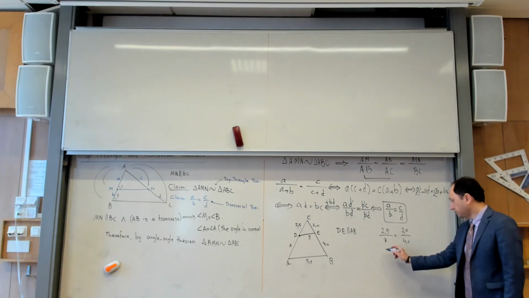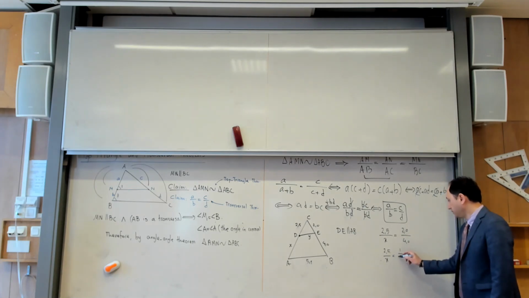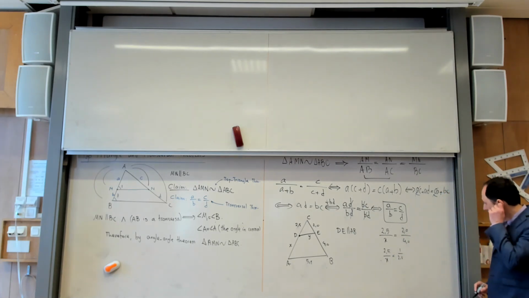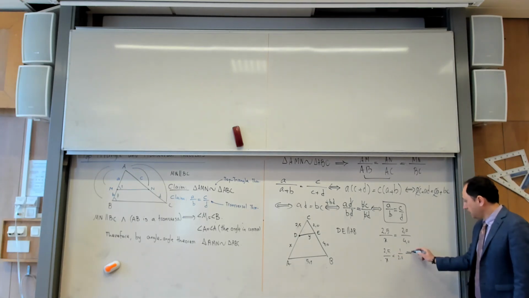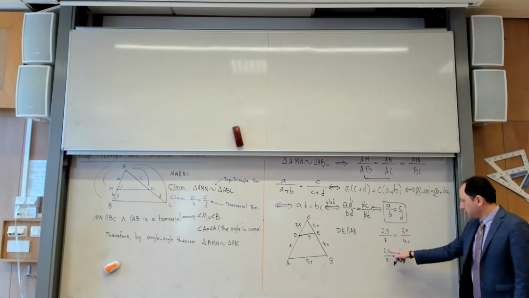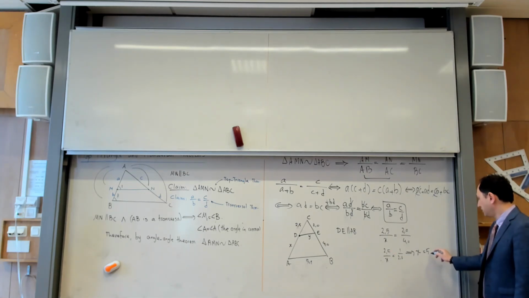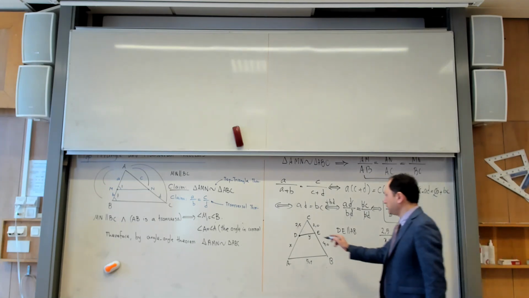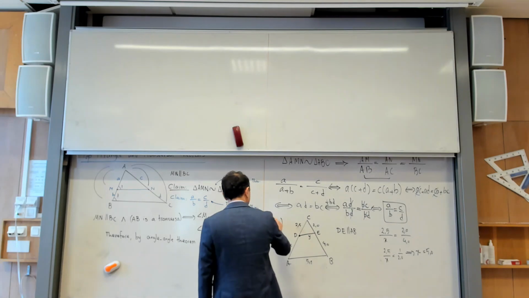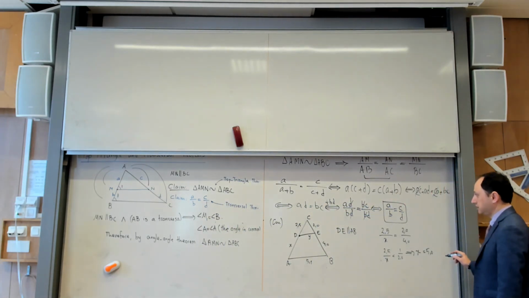Then 2.5 divided by X, I can simplify, so that's 1 over 20. Then X times 1 means X is equal to this one times that one, which is 50. Of course, I don't know, might be everything is in centimeters, let us assume that. Then X becomes 5 centimeters.